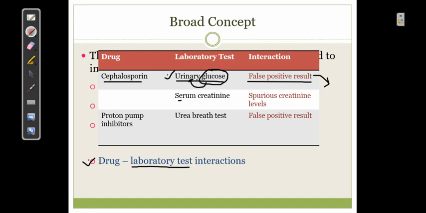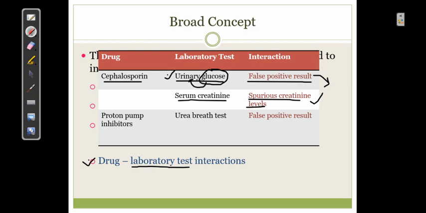A similar observation can be made for serum creatinine also. Spurious levels of creatinine can be observed in those patients where cephalosporin is administered. Creatinine is considered a part of renal function.